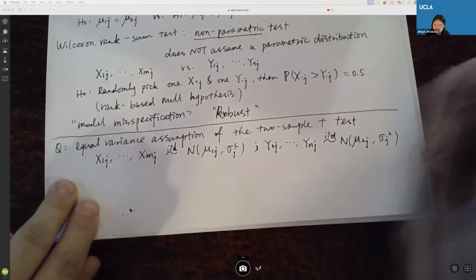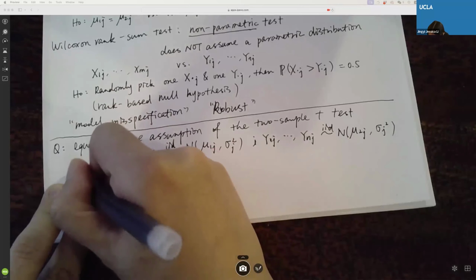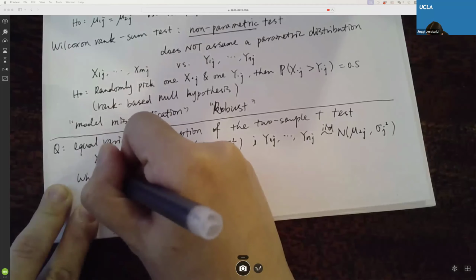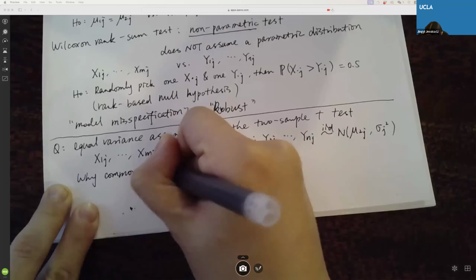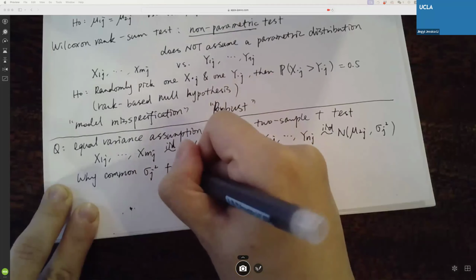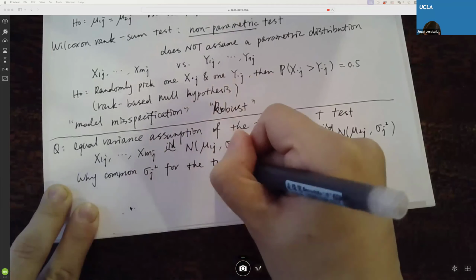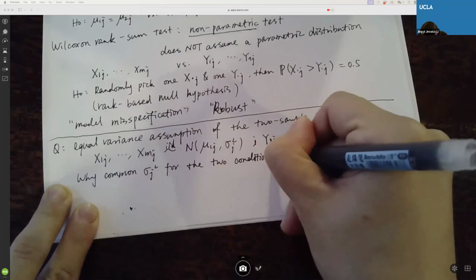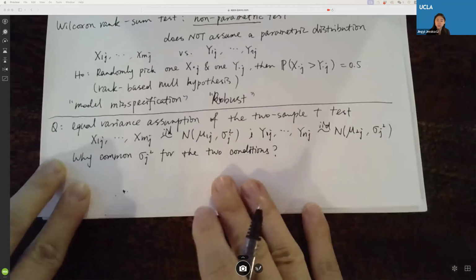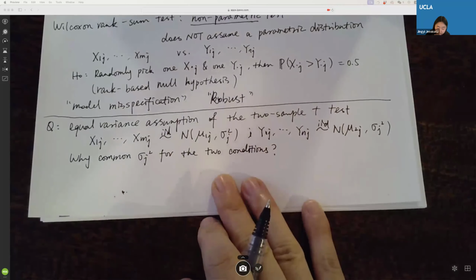Okay, then the question: why a common sigma j squared for the two conditions? Right? That's the question.